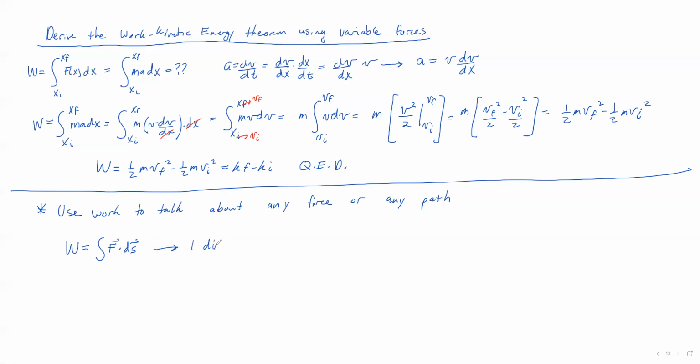For one dimension, work equals the integral of F dot dx, and dx would be your path. So this is a common thing that's done when you're dealing with forces in a variable path. What I can do is show you what that looks like, just so you have an idea.